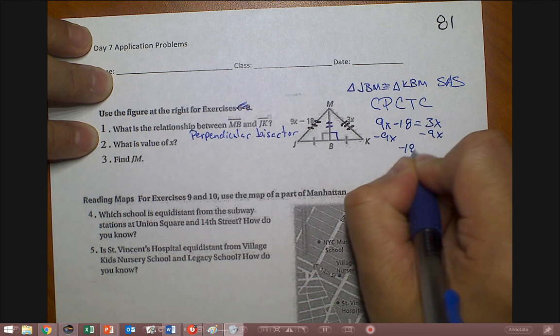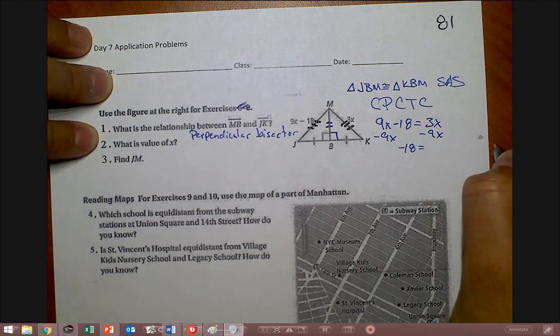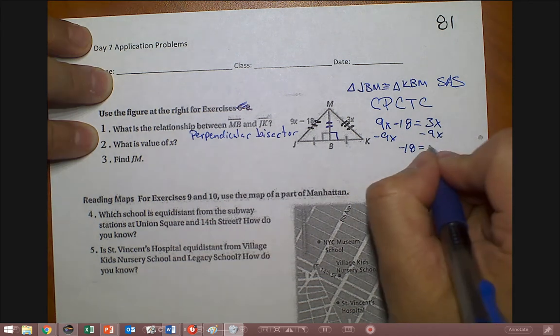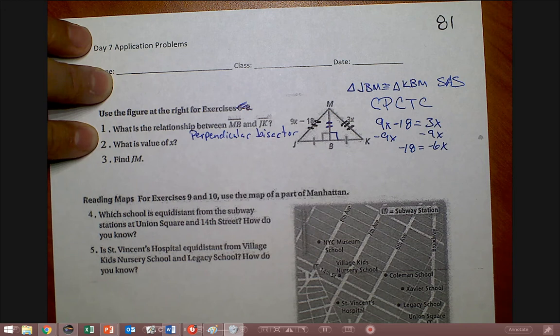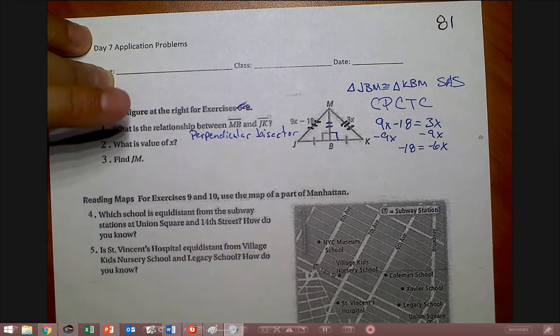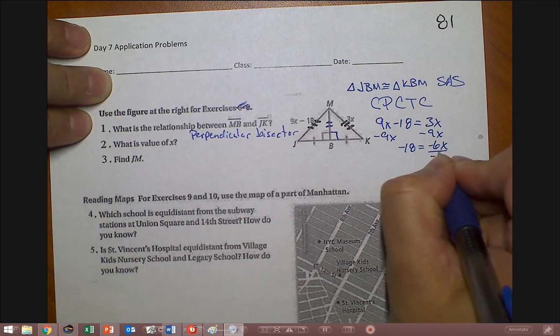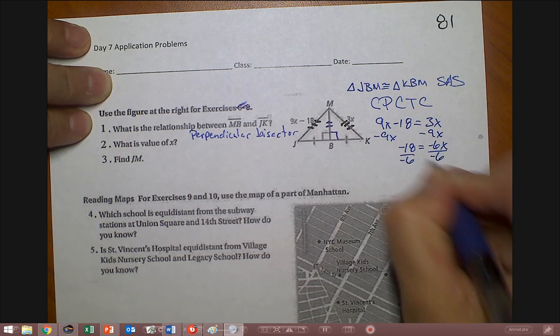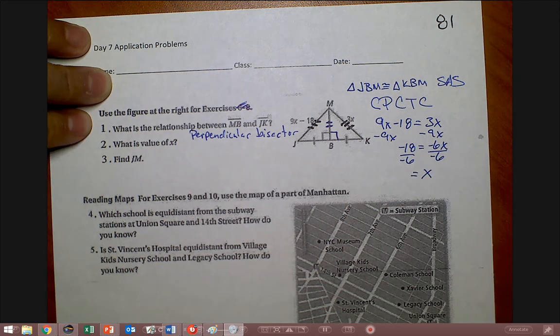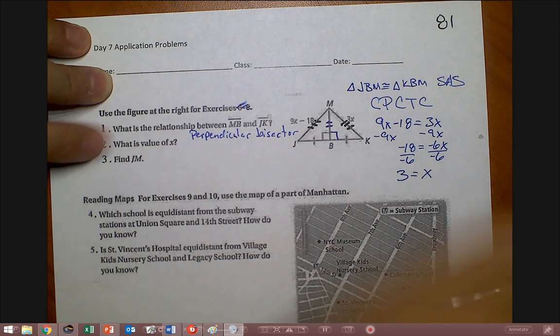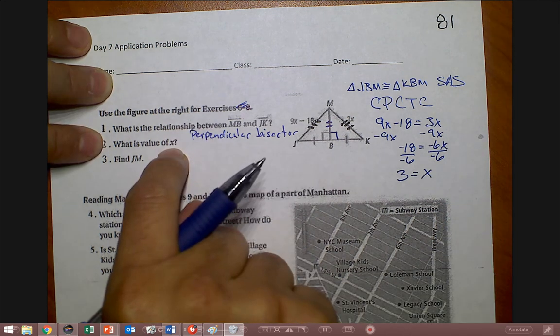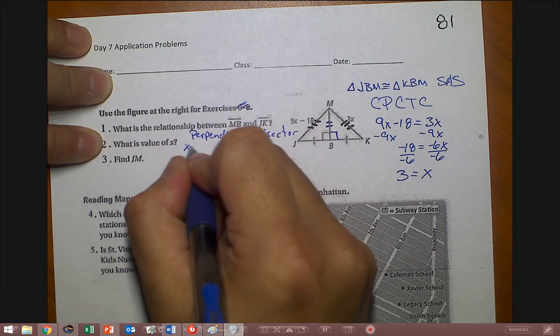Negative 18 equals negative 6x. Now, what am I going to do next? Divide by negative 6. So x is 3. Yes, x is 3. So I solved for this one right here.